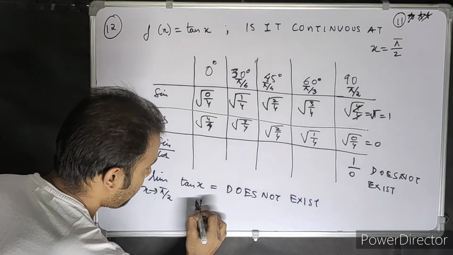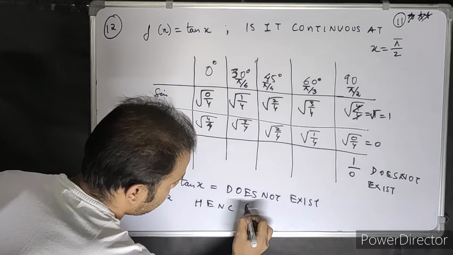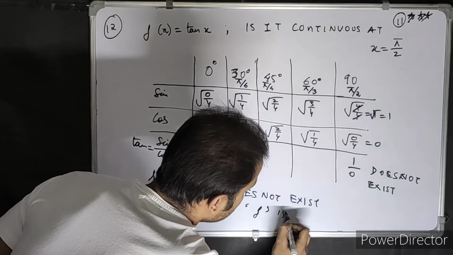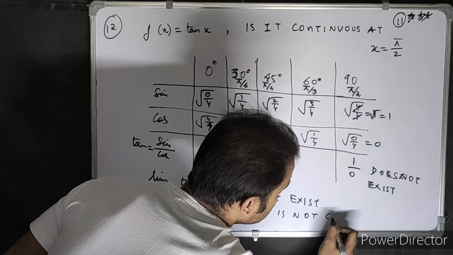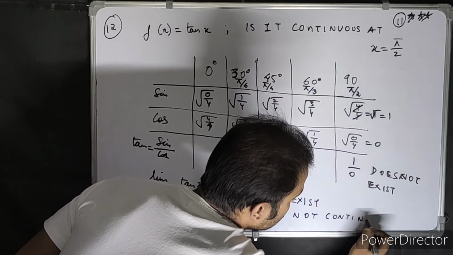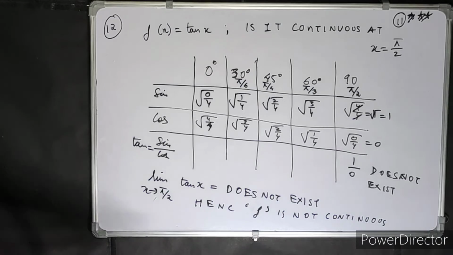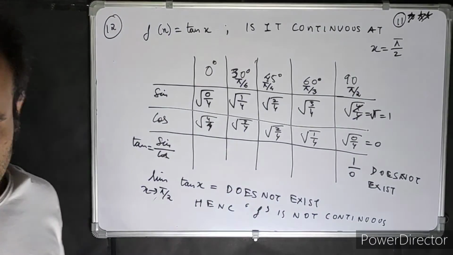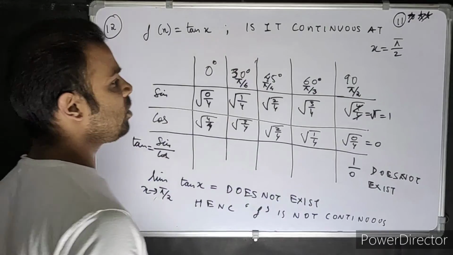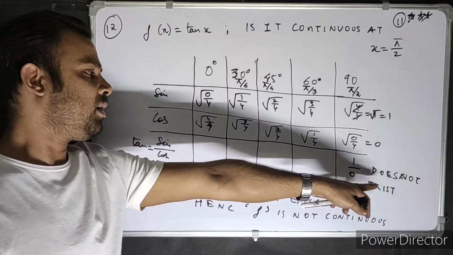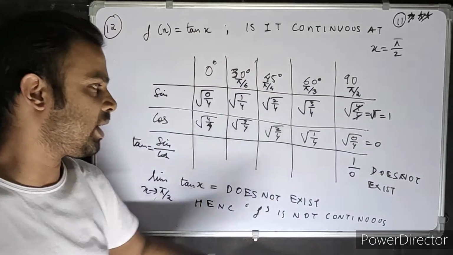Hence, f is not continuous. You can see 1 by 0 doesn't have any value, so it's not continuous at pi by 2. So at tan pi by 2, you're getting tan theta as does not exist.